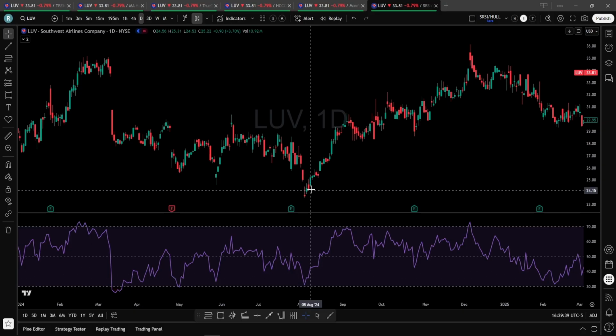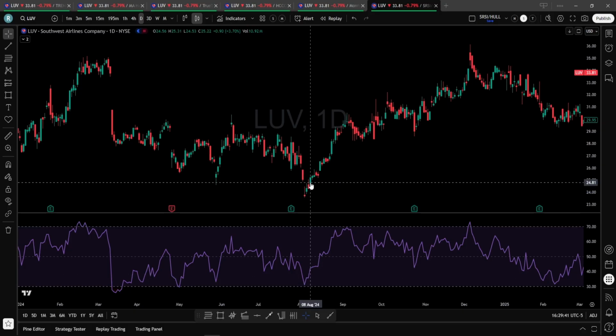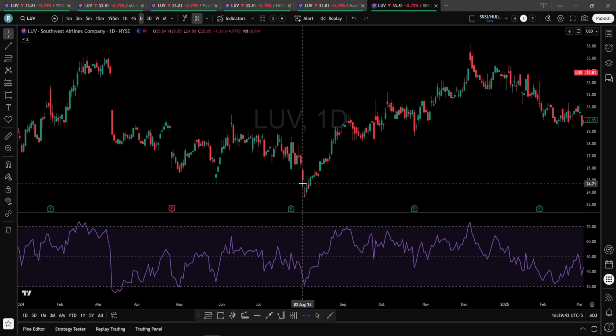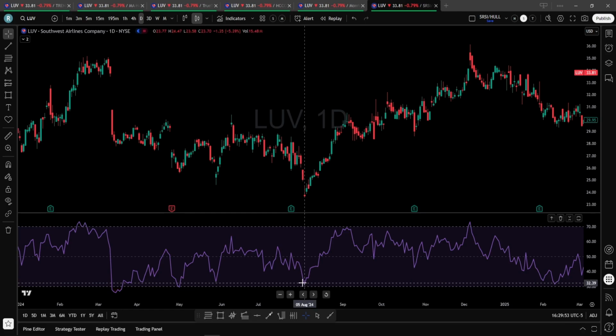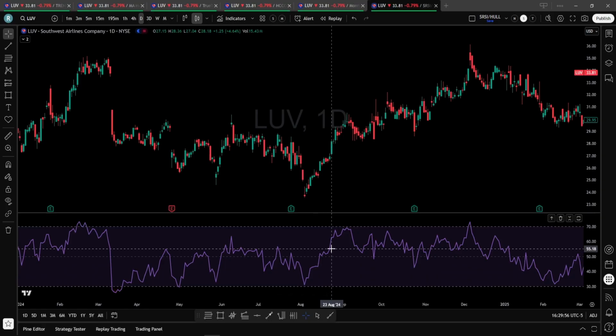So here's your early warning, closing this gap, which is another little bonus, that this would be a good time to go on the side of the bulls, and that this indeed is a swing rejection, and we're moving up.